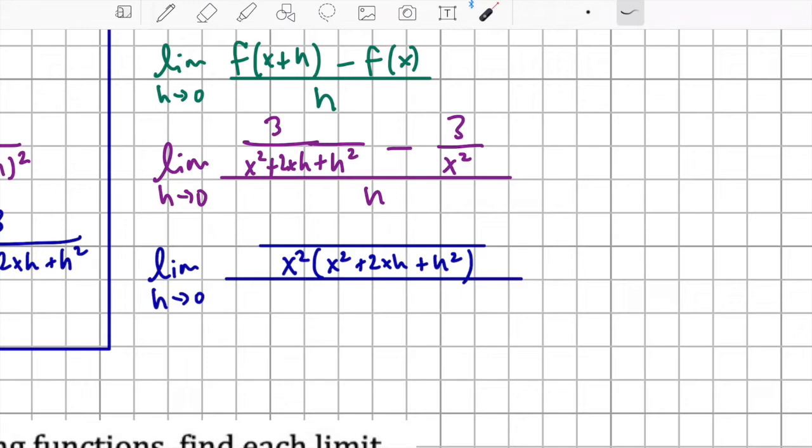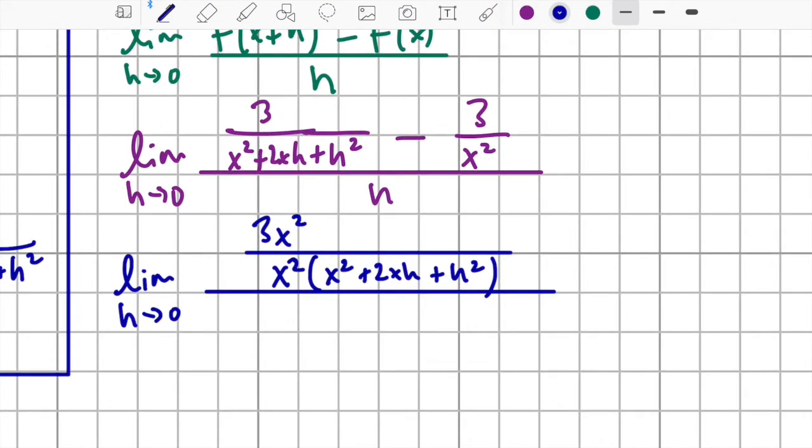And now to get the numerator, I want to multiply 3 with x squared. That gives me 3x squared. The next step is to multiply 3 with this denominator. Notice there's a negative in front. This negative makes the 3 negative, so when you multiply with this, you have to distribute the negative.